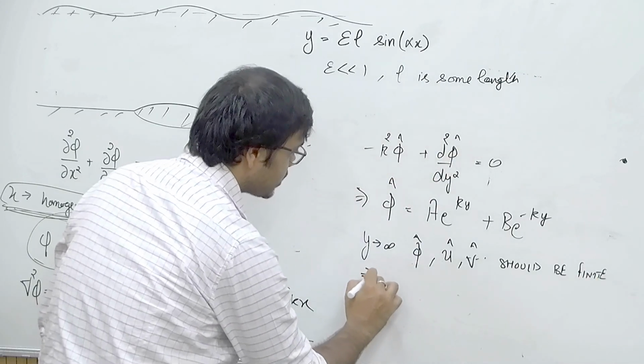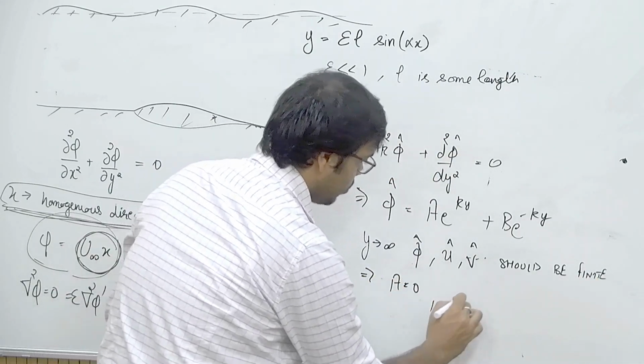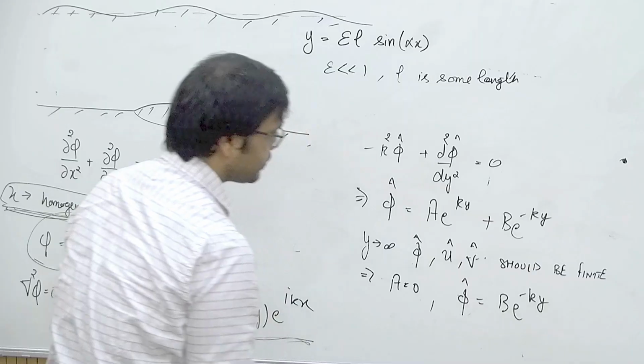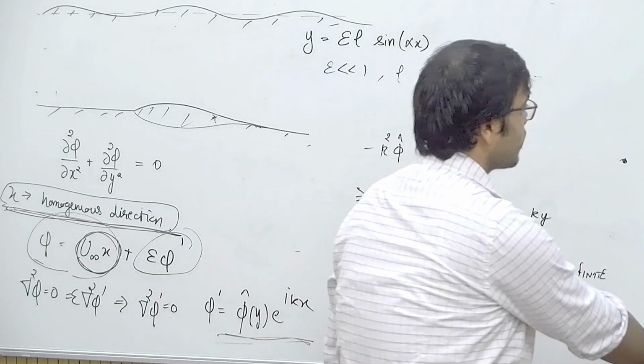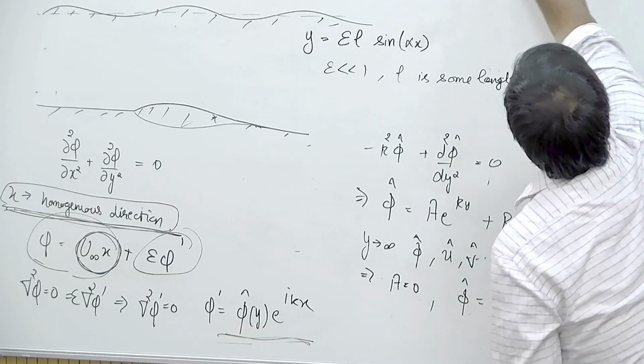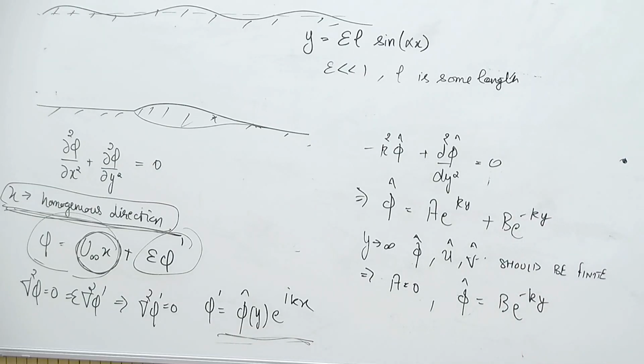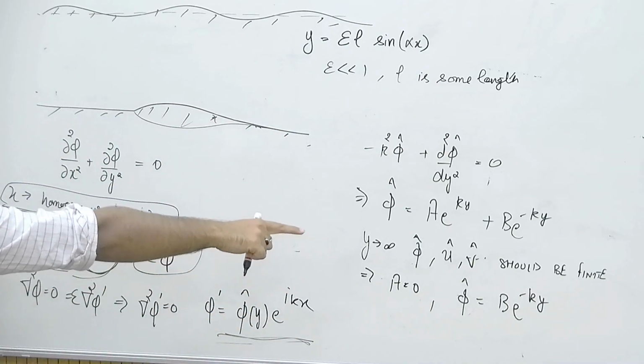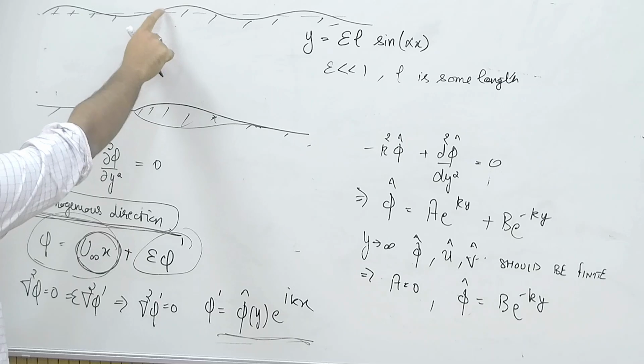So that means a is 0, and phi hat is some b e to the power minus ky.